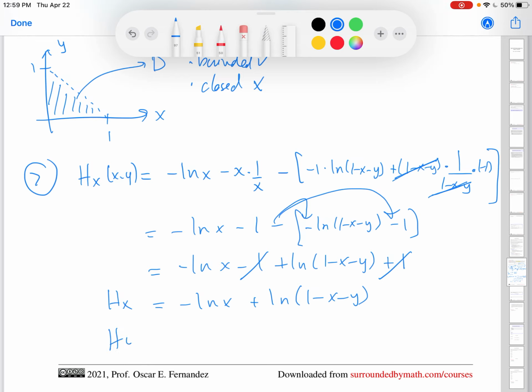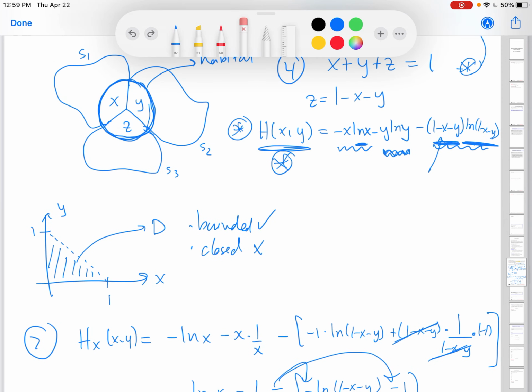Now I'm just going to write down what h sub y is, and I will explain why we can just jump this step. We could run through exactly all these calculations to do it all over again. However, if you go back to the function itself, there is a lot of symmetry here. All the x's here are together, all the y's here are together, and they have the exact same form.